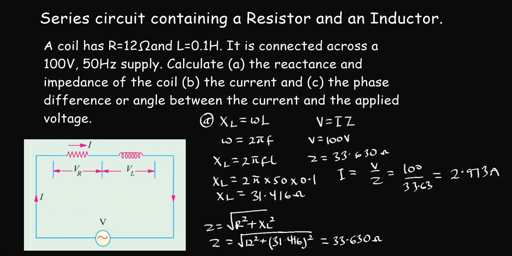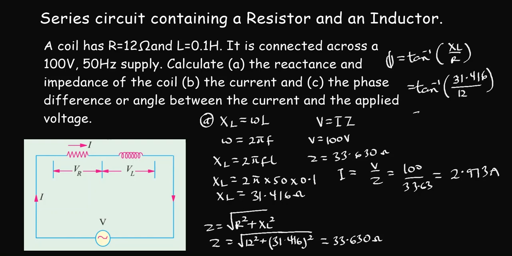The last question says that we should find the phase angle between the current and the voltage. That will be phi equal to tan inverse of the inductive reactance over the resistance. So this will be the tan inverse of XL, which we got as 31.416, divided by the resistance, which is 12 ohms.